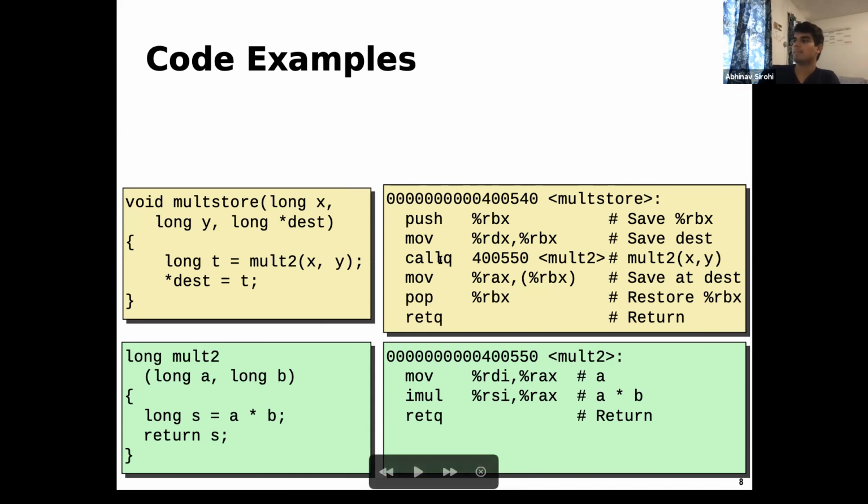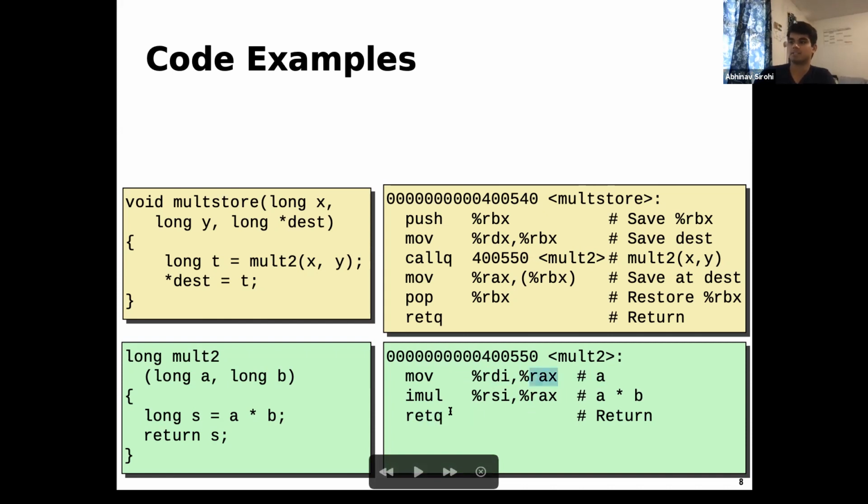But basically, it then calls mult2, and it goes in here, and it moves RDI into RAX. It knows that A will be in RDI, and you'll understand why that is, but it basically moves A into RAX, multiplies them, and returns them.